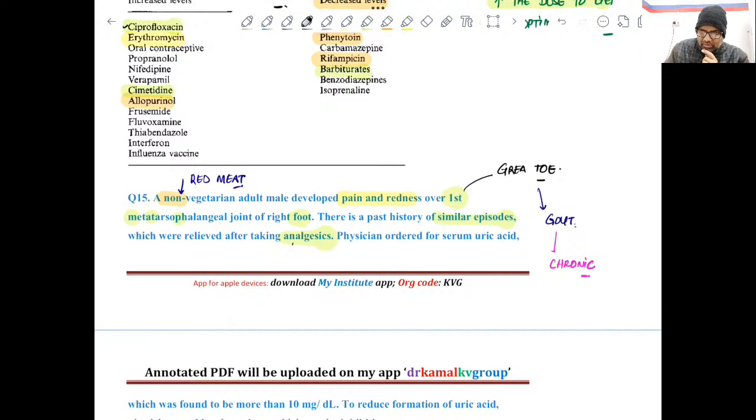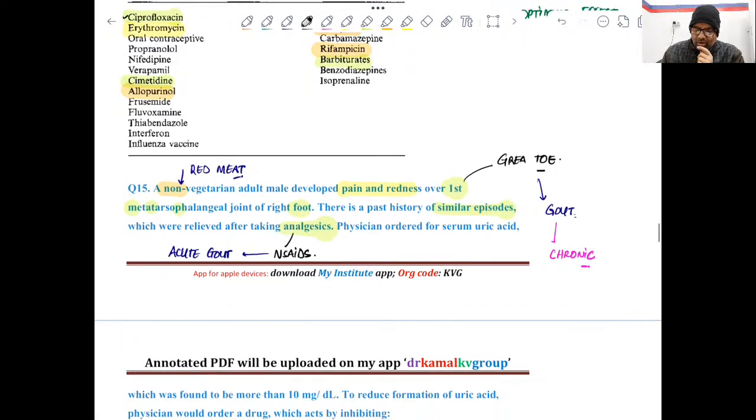And analgesics, especially NSAIDs. NSAIDs are preferred, of course, in acute gout. Now in chronic gout, this will not work. Bhavnesh, absolutely right. Now in chronic gout, since there is increased uric acid, we have to decrease the formation of uric acid.